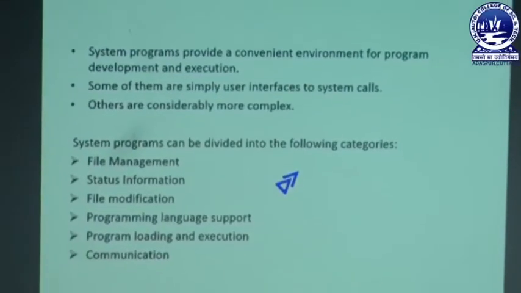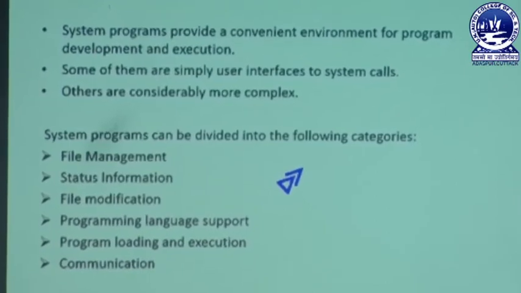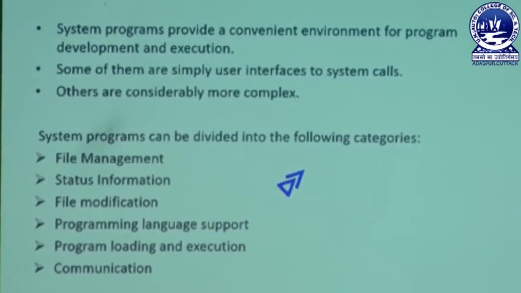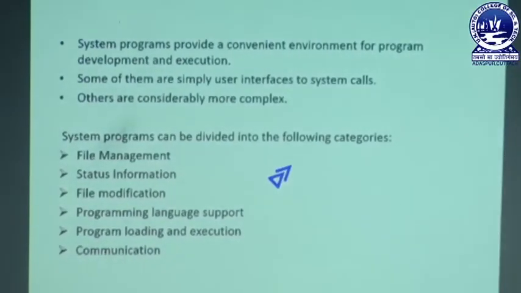Okay, let us start. System programs provide a convenient environment for program development and execution. This will be understood in more detail when I give you an example. Some of them are simply user interfaces to system calls, others are considerably more complex.